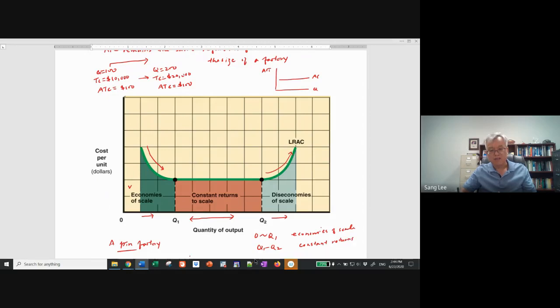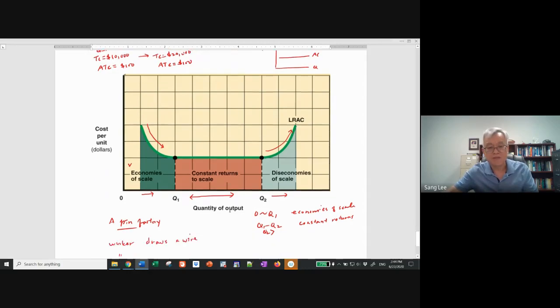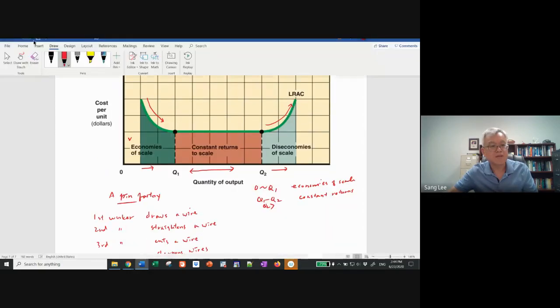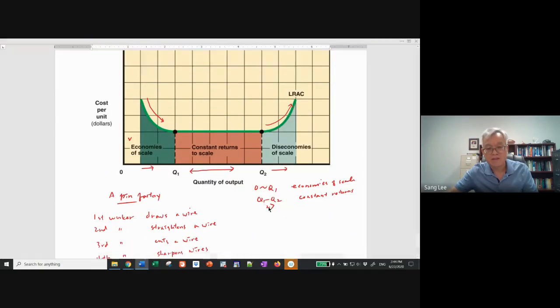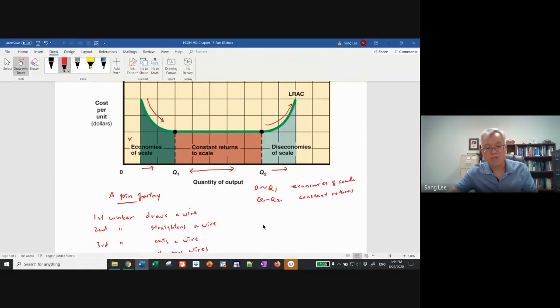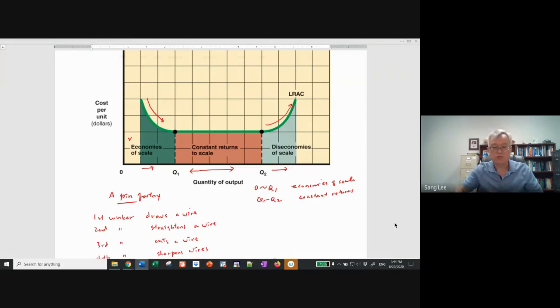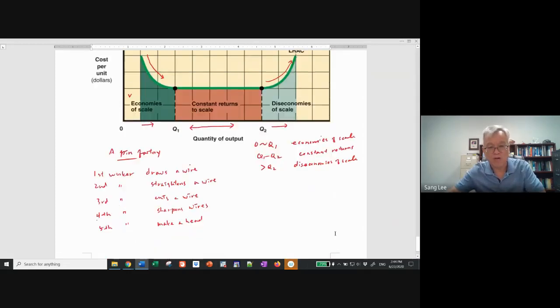And at any output above Q2, so more than Q2, now we have diseconomies of scale. Actually, a typical unit starts costing you more and more.